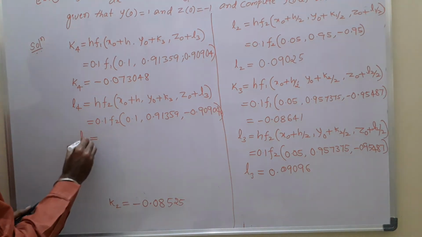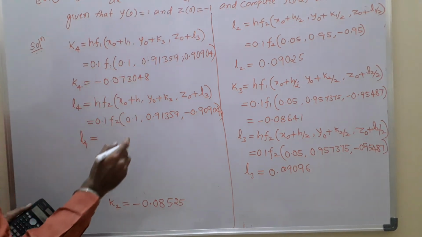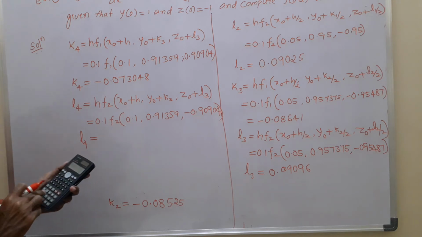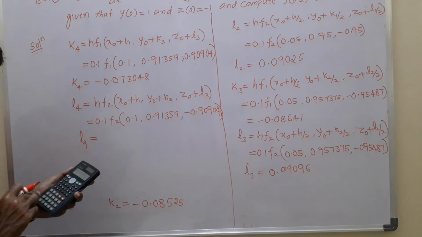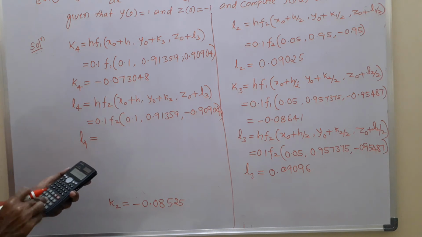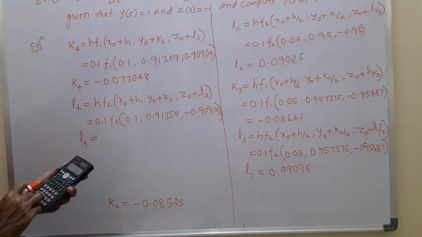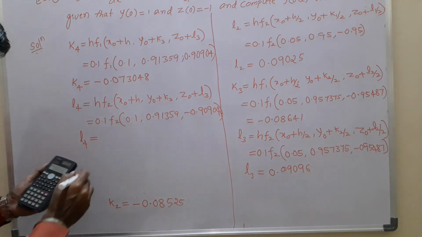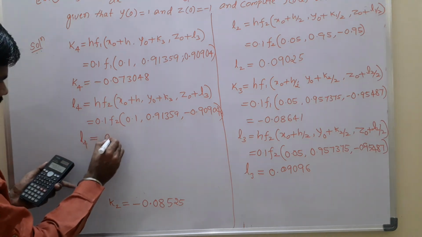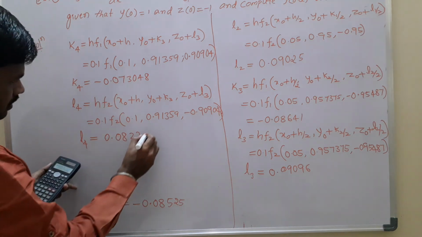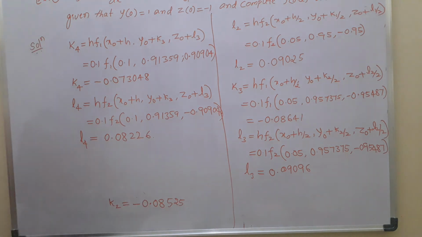So second function, L4 equal to xz plus y, that is 0.1 into minus 0.90904 plus 0.91359 into 0.1. So L4 equals 0.08226.